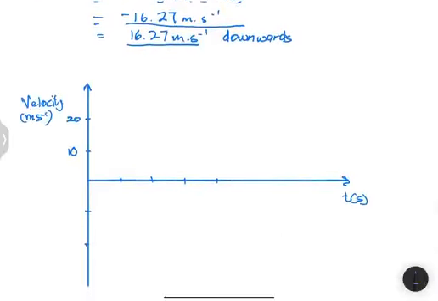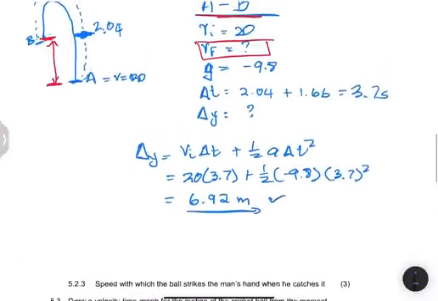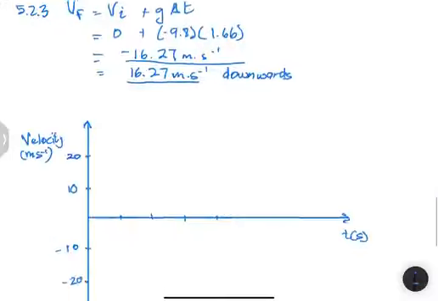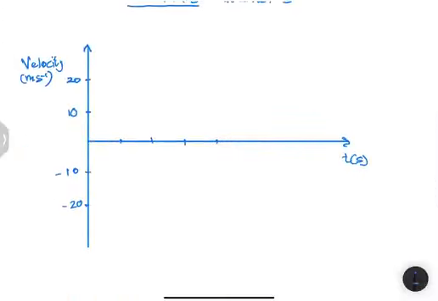In this case, that's going to be my scale. So that's -10 and -20. Right, and for time, my highest time was 3.7, right? So let's make this 1, 2, 3, and 4, right?